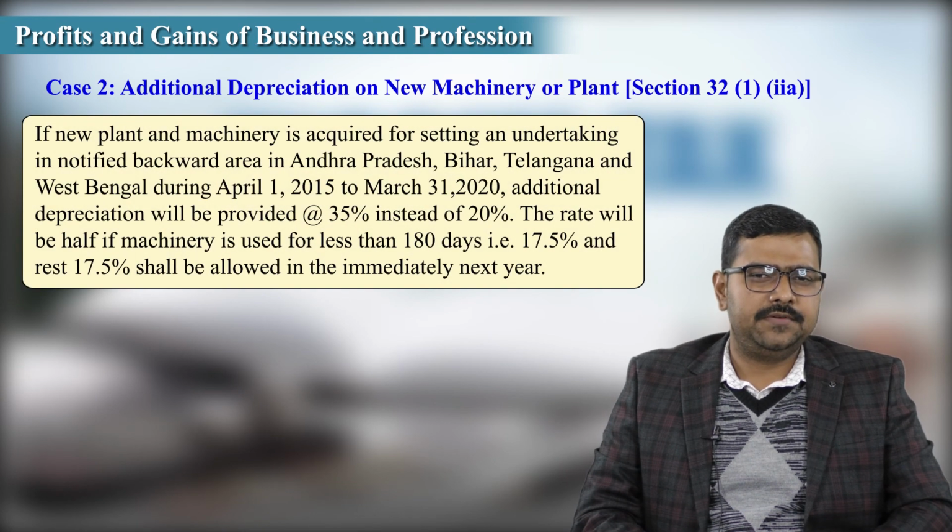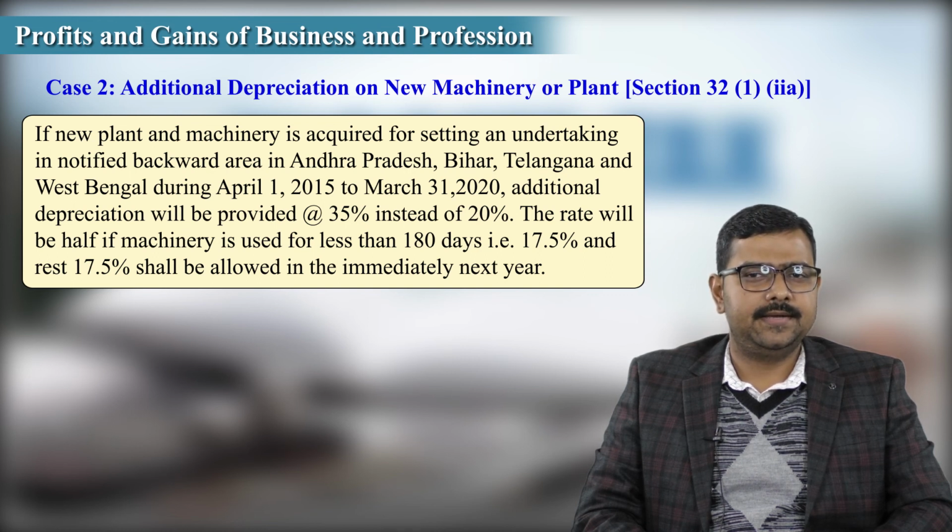If new plant and machinery is acquired for setting up an undertaking in a notified backward area in Andhra Pradesh, Bihar, Telangana and West Bengal during April 1, 2015 to 31st March 2020, additional depreciation will be provided at the rate of 35% instead of 20%. The rate will be half if machinery is used for less than 180 days, that means 17.5%, and the rest 17.5% shall be allowed in the immediate next year.